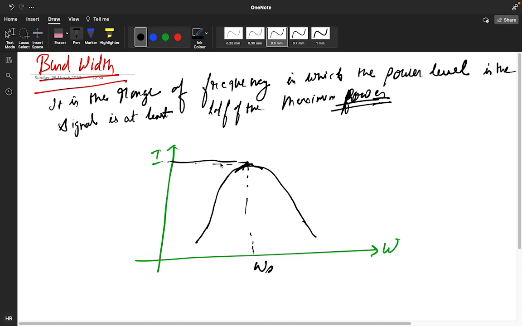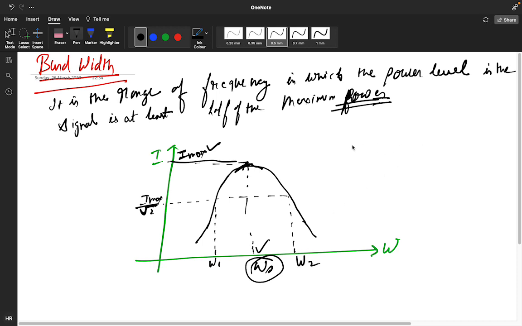This is your I max. Maximum current is possible at what frequency? Resonant frequency only. And I am taking this particular point as I max by root 2. And this is my omega 1 value, and this is my omega 2 value.